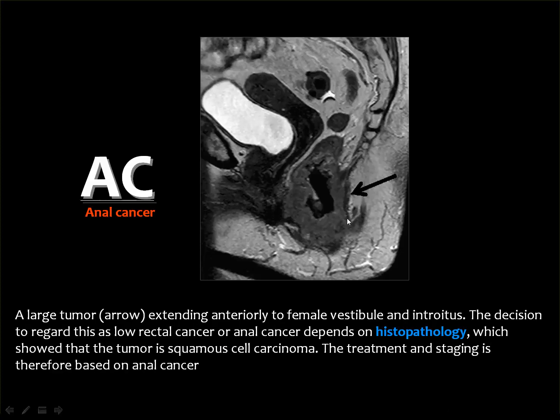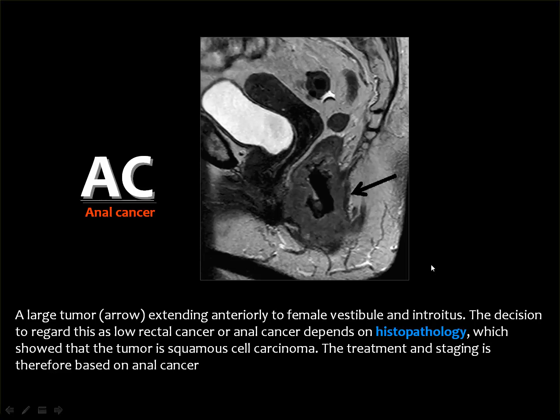Then this is a problem where you can see that there is a malignant lesion involving the anal canal and the distal rectum. And the question is, is this a rectal tumor that has invaded the anal canal or an anal tumor that has invaded the rectum?